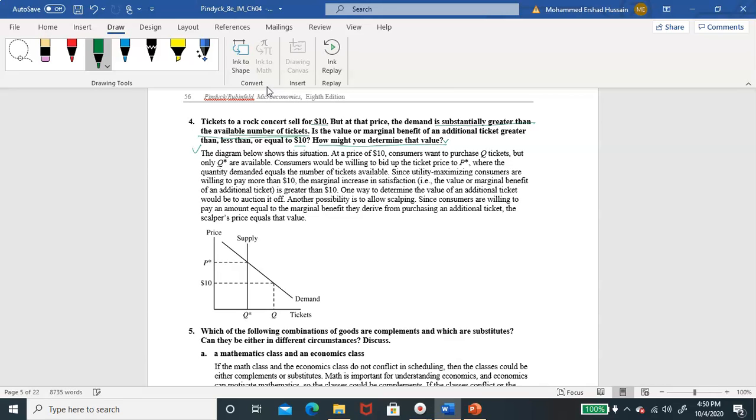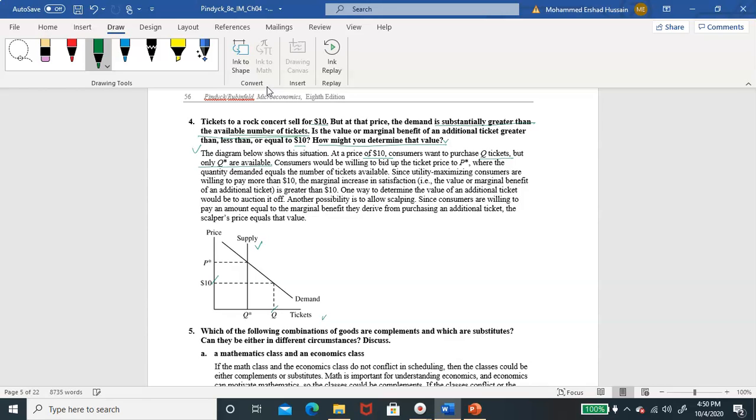That is the question. Let us look at the diagram below. When the price is $10, consumers want to purchase Q tickets, but only Q star are available.